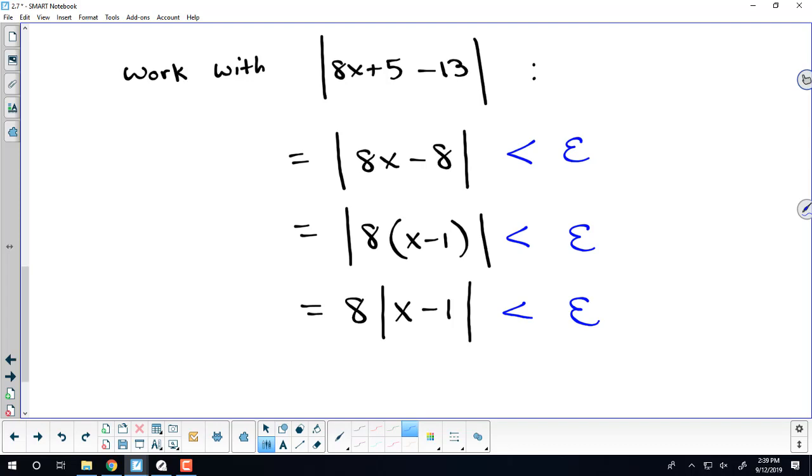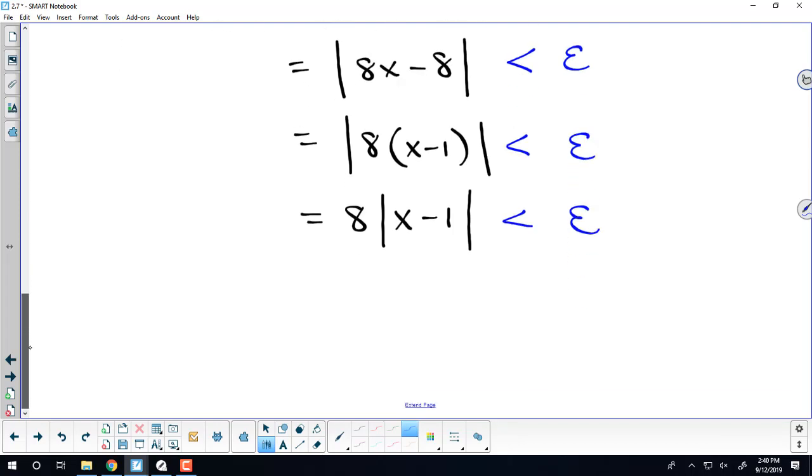The difference here is we're not given a specific epsilon. In all those graph problems that we looked at, we were given a specific epsilon, so we could give a specific delta. Here we're not given specific things. But I do know that if I divide both sides by 8, now I have that exact statement that was involving x and delta.